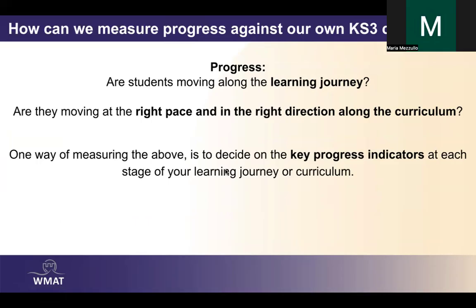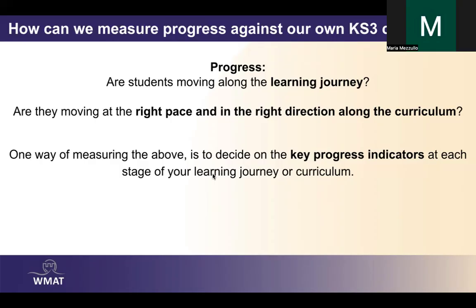Now, one way of measuring that, particularly at Key Stage 3, is by deciding in advance what your progress indicators are going to look like, okay, at each stage of your learning journey. So breaking your curriculum down, often year by year or half term by half term, and deciding at each point of that curriculum journey, what is it that you expect them to have mastered at that point, and then ensuring that you are testing them at that point and before you're moving on to the next bit, okay?